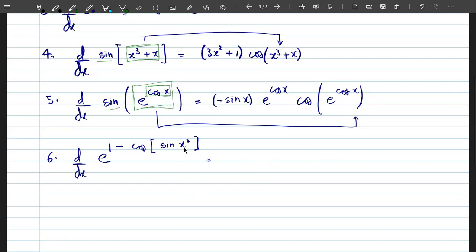So here you have x square as the innermost function, that is square of x. Squaring is the first function that is applied to x. And then on top of that, you have sine.